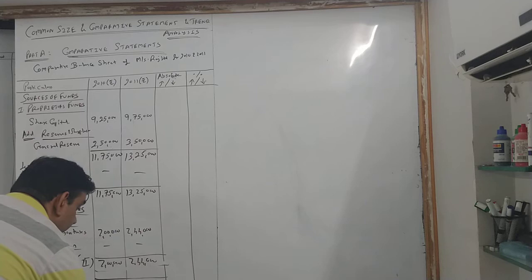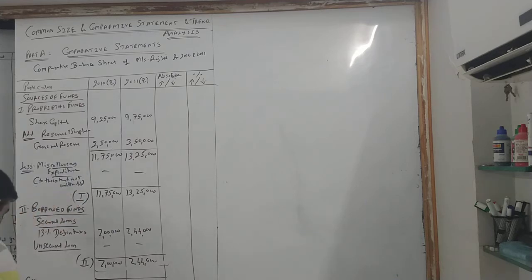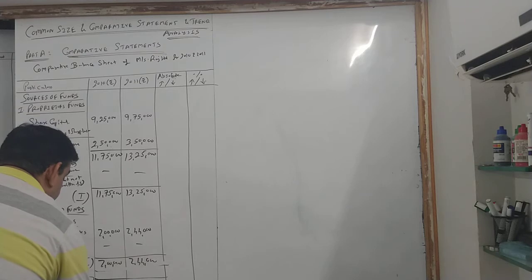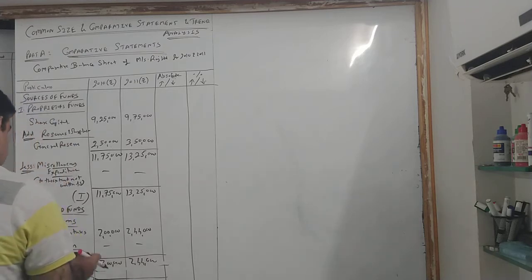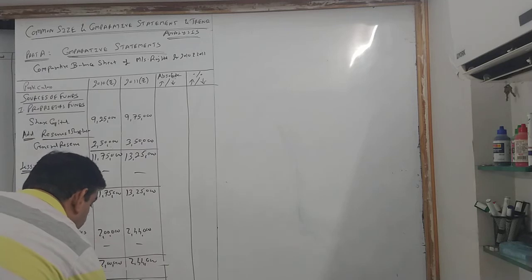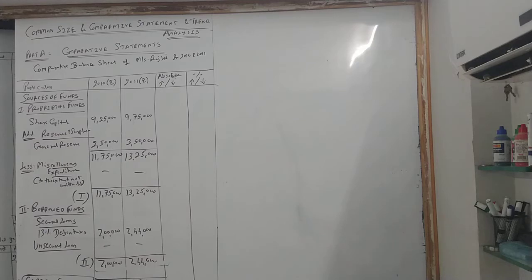Now take the total, that gives you your capital employed, in brackets 1 plus 2, so 1175 and 200, that is 1375, and the next is 1325 plus 244, 1569.